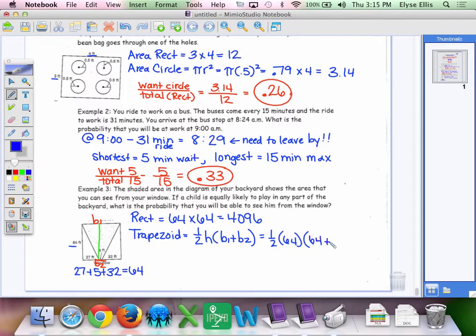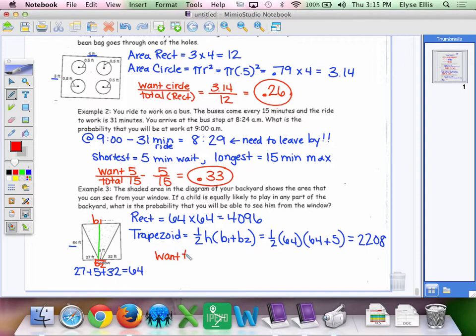The top has a length of 64, plus that tiny little bottom segment that I probably just drew over, that has a length of 5. So that's the equation that we need to simplify. I would do 64 plus 5, that's 69, times 64, divided in half, and you should total out at 2,208.